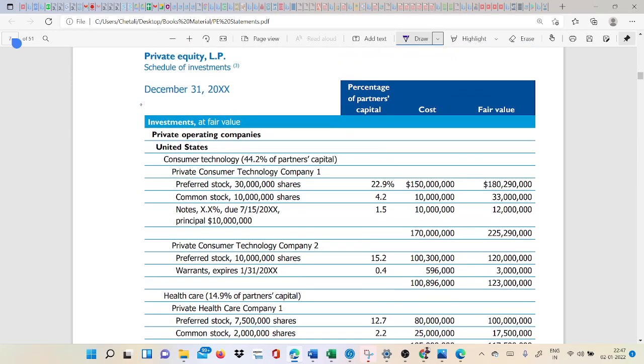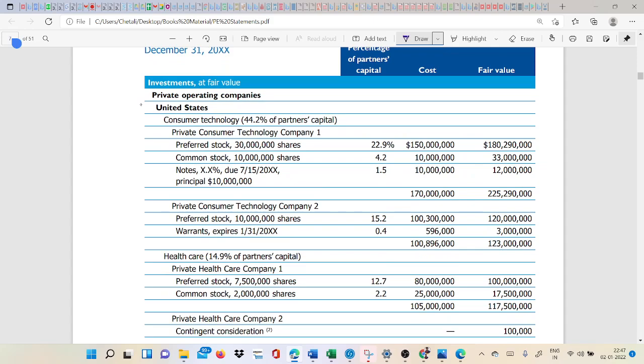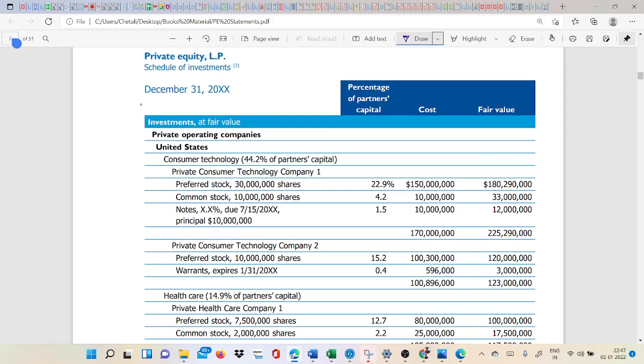This is something interesting for us. See, another schedule of investment statement that we'll have to prepare while preparing the financial statements for a PE fund. This is percentage of partner's capital, correct?